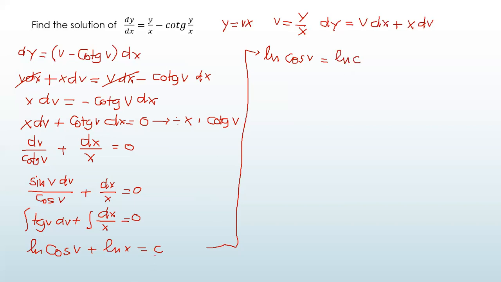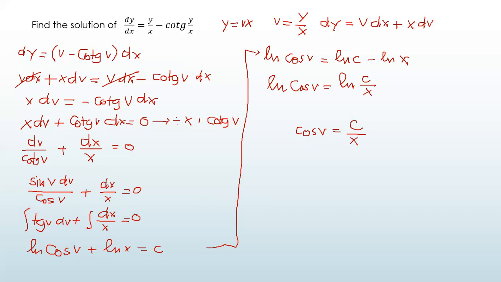Recall that c is a constant number, so we may write it as ln c minus ln x. So ln cos phi equals ln c over x, or cos phi equals c over x.